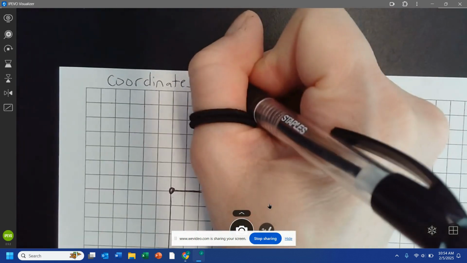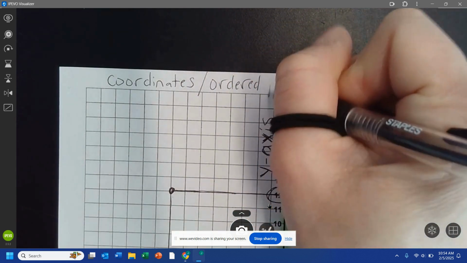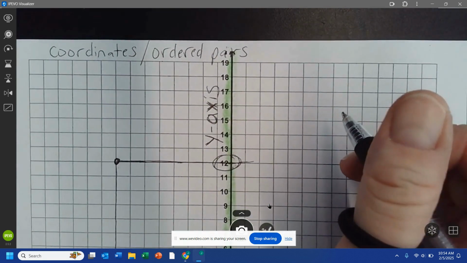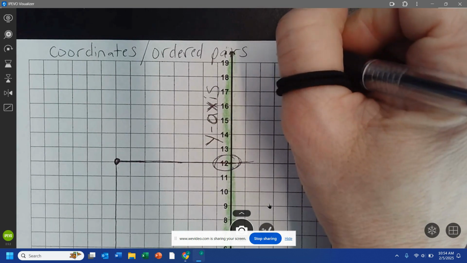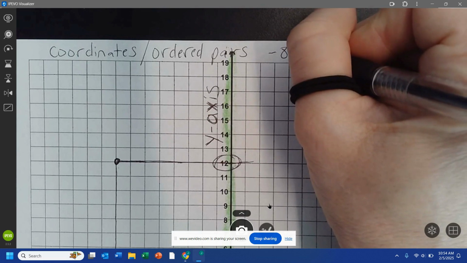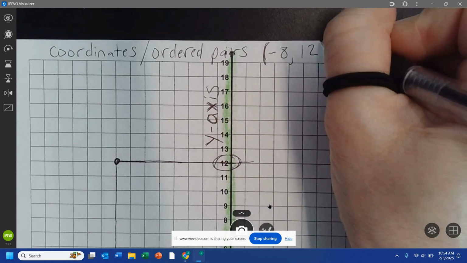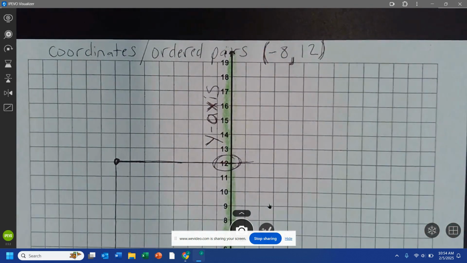We sometimes also call coordinates ordered pairs, like pairs of numbers. And the numbers that we give, for example, are -8, 12, they always look like this. They're in parentheses and they have a comma in between them.